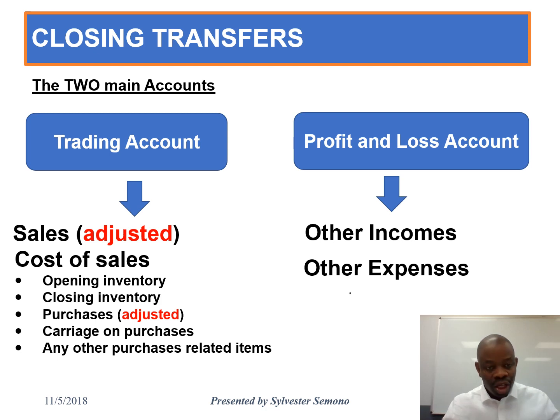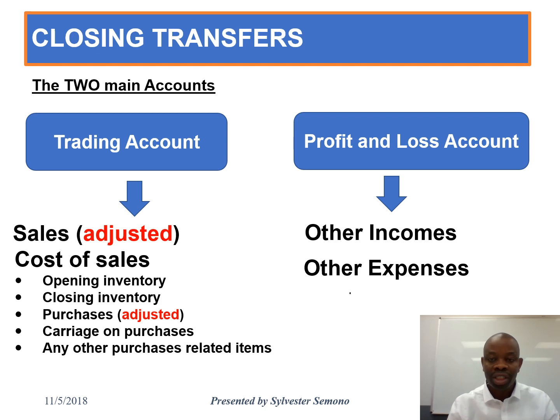We normally say the opening inventory, we add net purchases, we add any carriage on purchases and any other related items to purchases, and thereafter we less what? Closing stock. So if they give you those items, it means you have to transfer them to the trading account one by one, meaning opening inventory, transfer to the trading account, closing inventory, transfer to the trading account, etc.